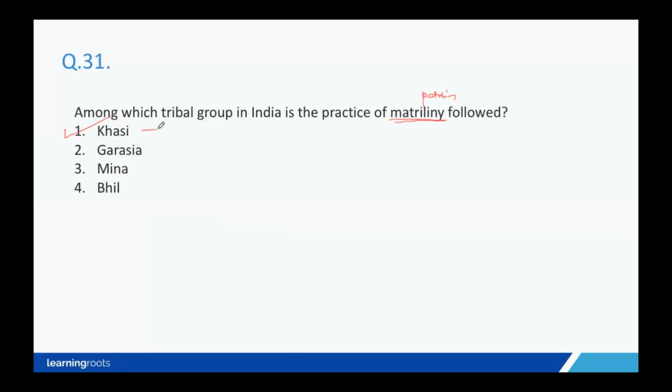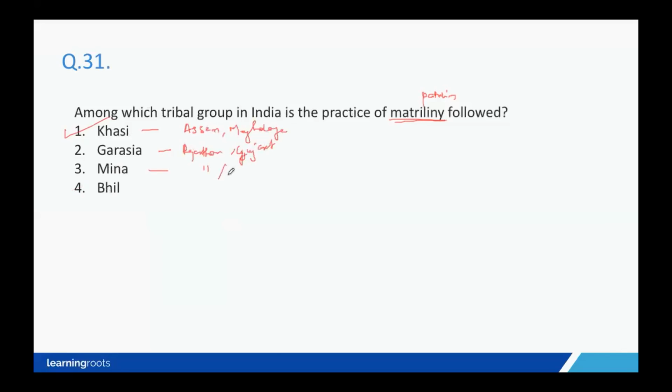Let me just quickly tell you which states they belong to. The Khasi tribe is mainly located in Assam and Meghalaya. The Garasia tribe, I think a lot of people will know this: Rajasthan and Gujarat. What about the Meena tribe?